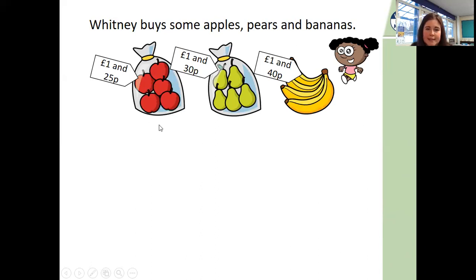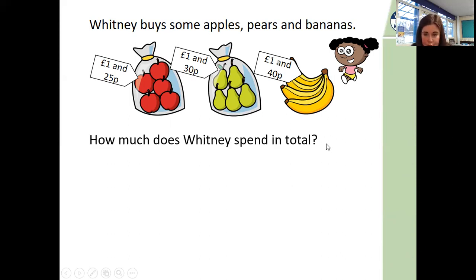Okay, Whitney buys some apples, some pears and some bananas. So Whitney is at the shop. She has picked up some apples, some pears and bananas. And the question will ask us, how much does Whitney spend in total? And total is a really big clue today in this question about what we are going to be doing.